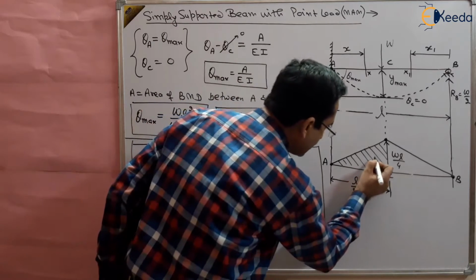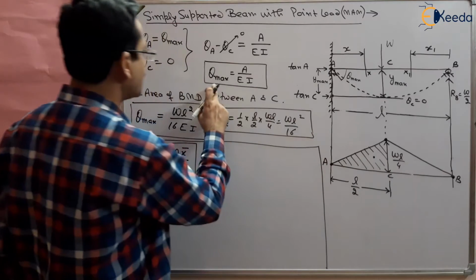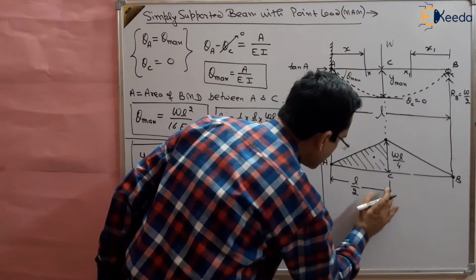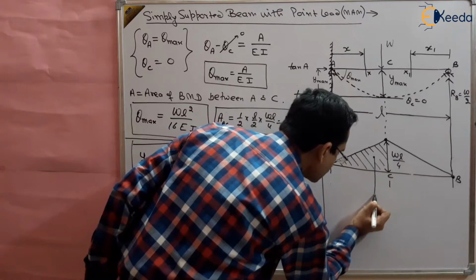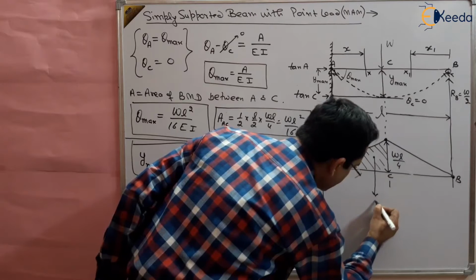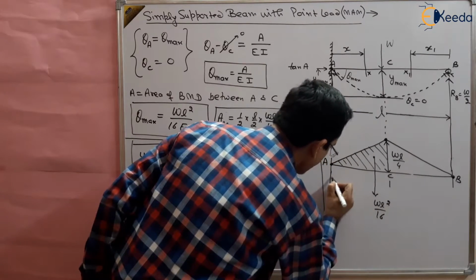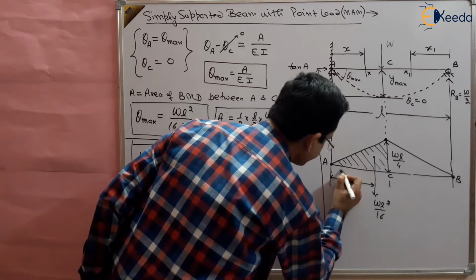So what is the total area A between A and C? We have already obtained the area, WL square by 16, and this WL square by 16 will be acting at this point. And the moment arm of this area is this distance, which is x bar.